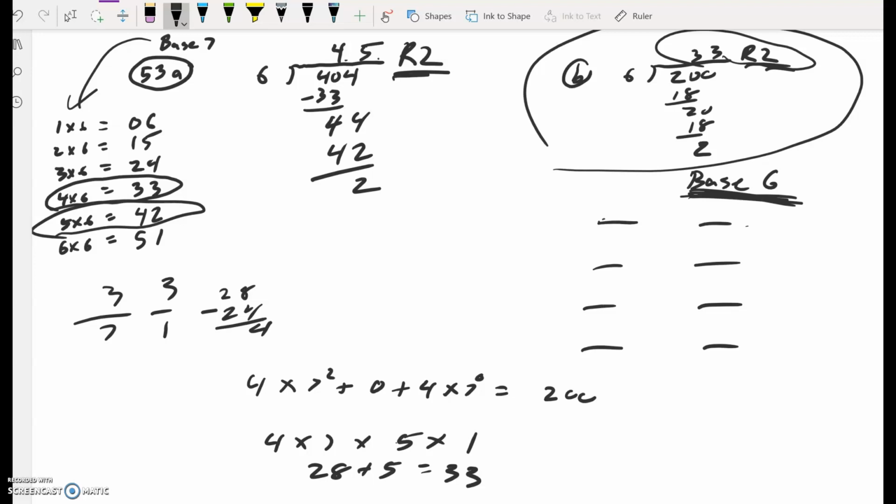So for instance, I don't remember what the problems were, but what if this was one of them? I don't know that this was one of them. That wouldn't have been one of the problems, but say it was. Then part A would be to do the addition in base 6, and part B would be to turn it into base 10 and do the addition in base 10 and see if it matches.